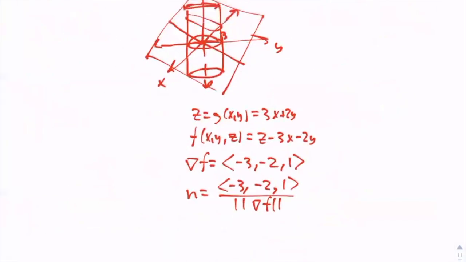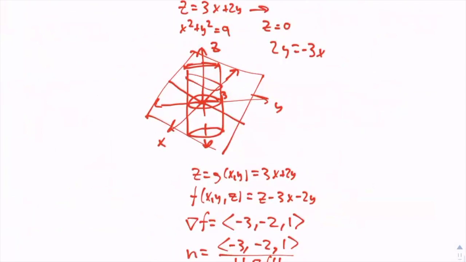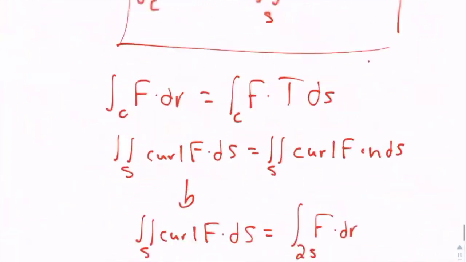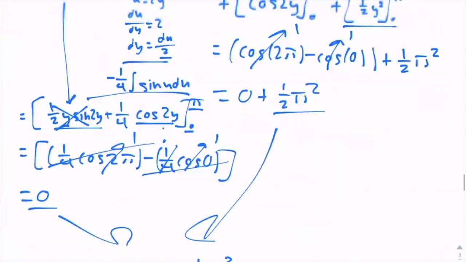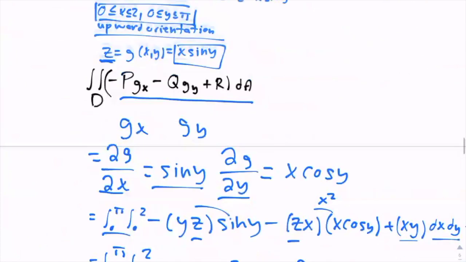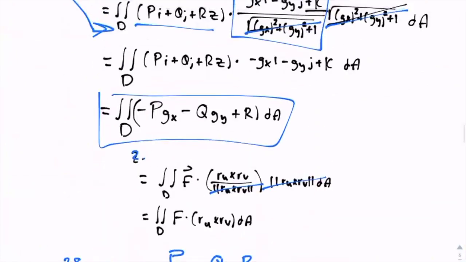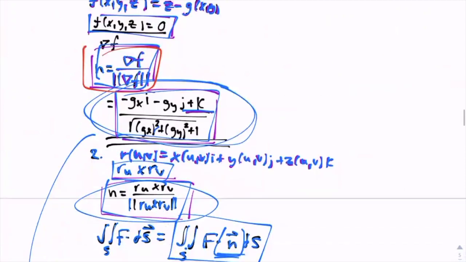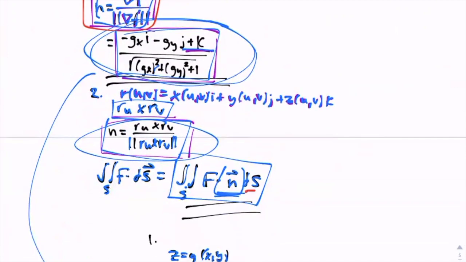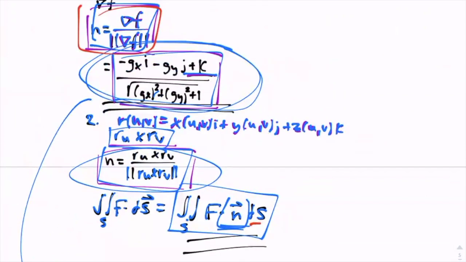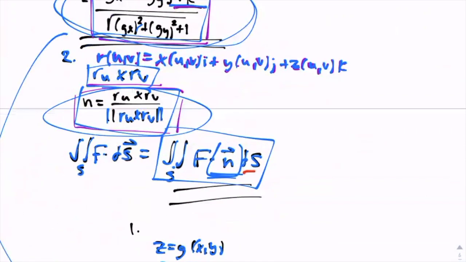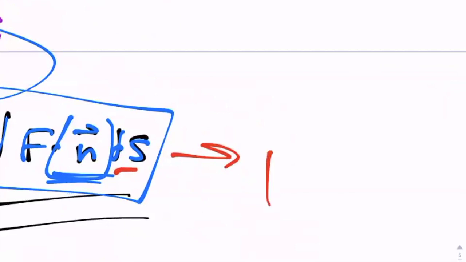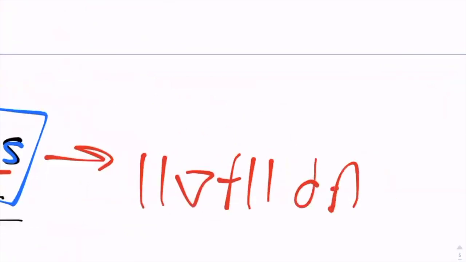But note here, just to save myself a little bit of time, I'm not going to write out the magnitude of the gradient vector f, because if we scroll all the way back up here, we see that when we plug in our dS value and substitute it for our dA, this is just going to simplify out to be the magnitude of our gradient f dA, as we already know.